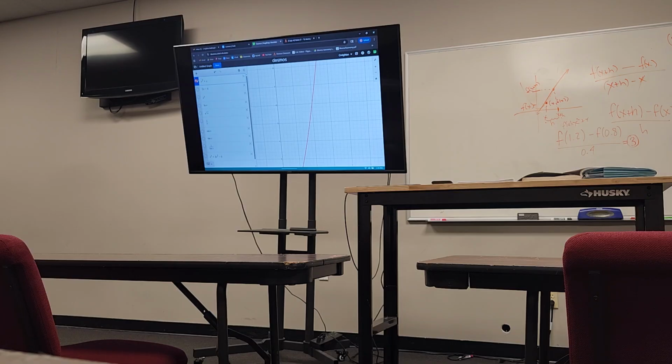Then f of 2.34 is that, minus f of 1.32 is this, over h. Okay. What does that come out to?